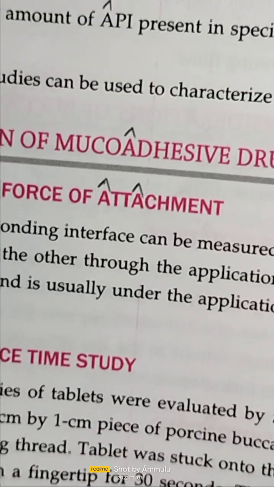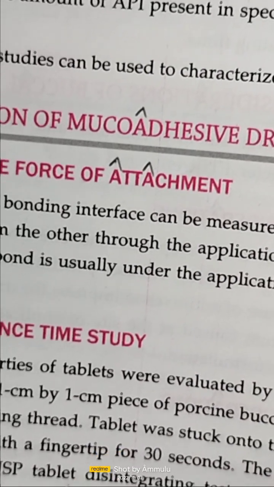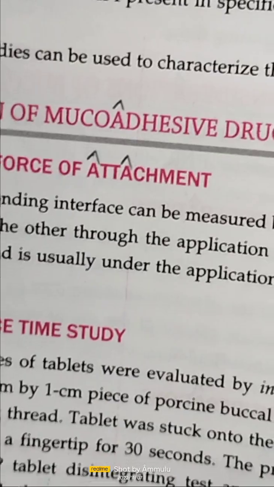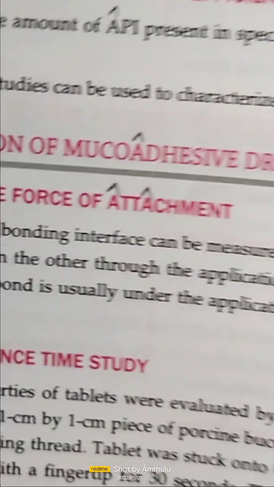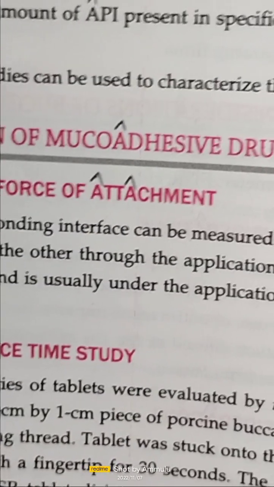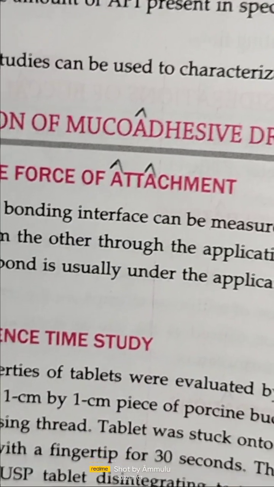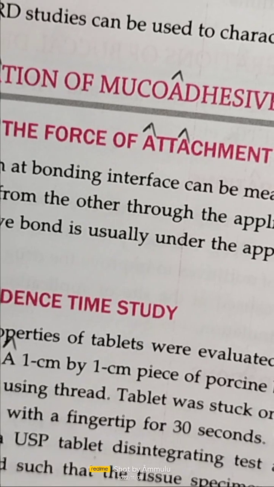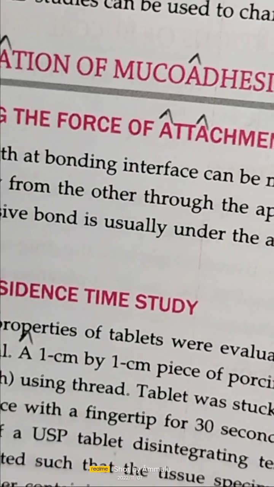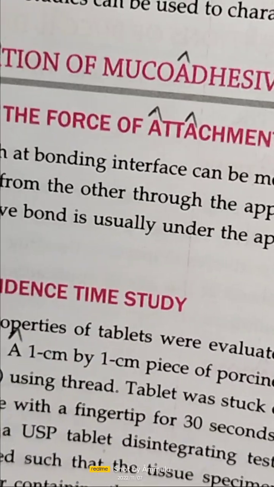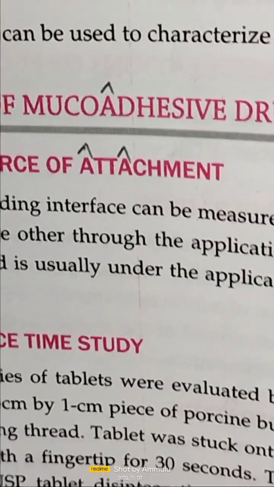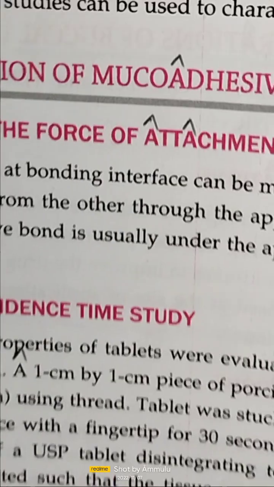And there are some evaluation methods which are used to evaluate the mucoadhesive drug delivery system. They are measuring the force of attachment and in vitro residence time, and third one is gastric transit study using radio opaque markers, and fourth one is fluorescent probe method. Fifth one is thumb test.